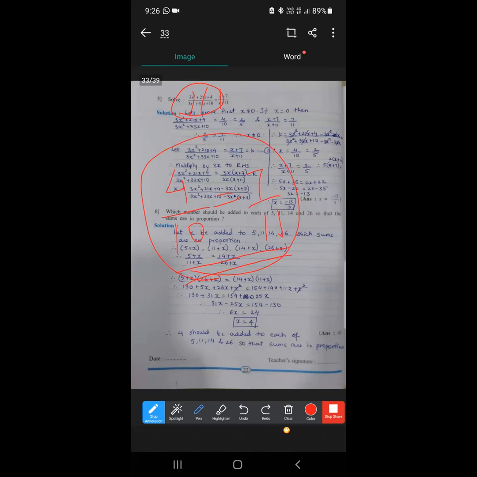So first of all, you need to prove x is not equal to 0. Let's prove it. If x is equal to 0, then what remains? Just now I told you that 4 upon 10, which can be written as 2 upon 5, equals 7 upon 11.